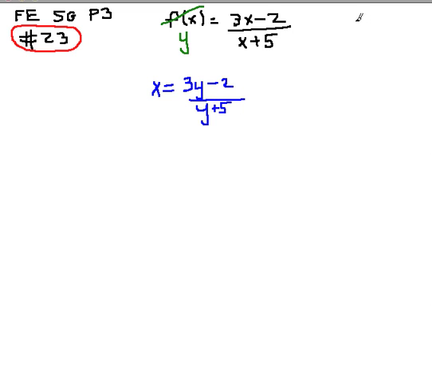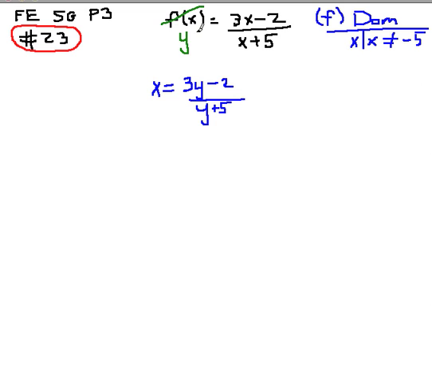First thing, though, before we do anything else, I should say the domain of f. We can easily find that because we're given f of x right here, and the domain is all real numbers x such that x does not equal anything that's going to make that denominator 0, and that would in this case be -5.